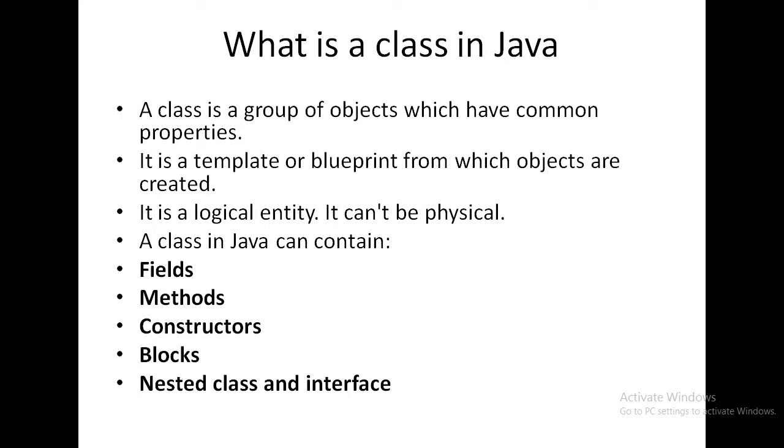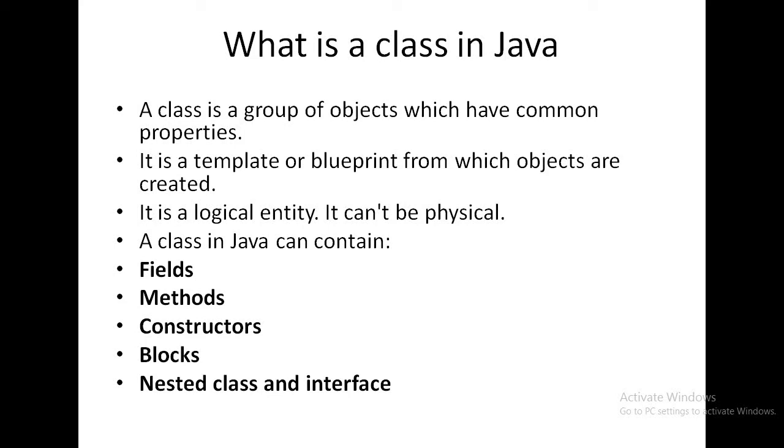Then is the class. Class is nothing but what I have already told you. In a class, a group of objects is present which has common properties. That means if I consider dog as a class or bike is a class, then objects have similar properties. If bird is a class, then crow, peacock.